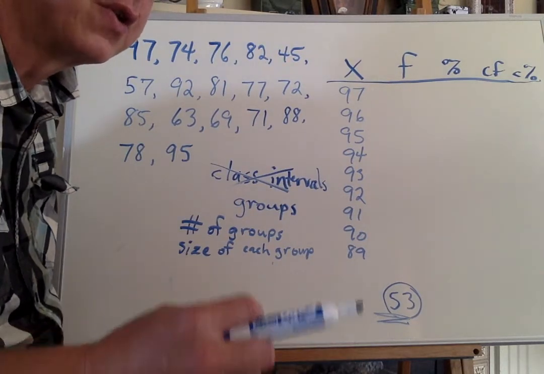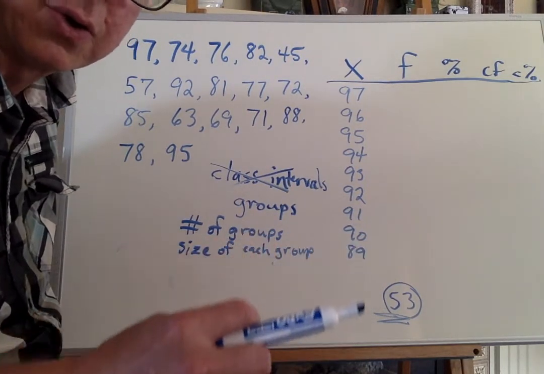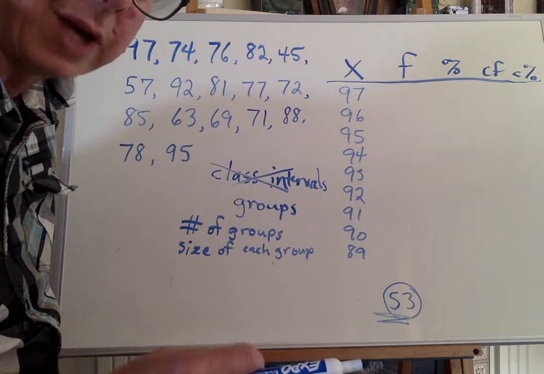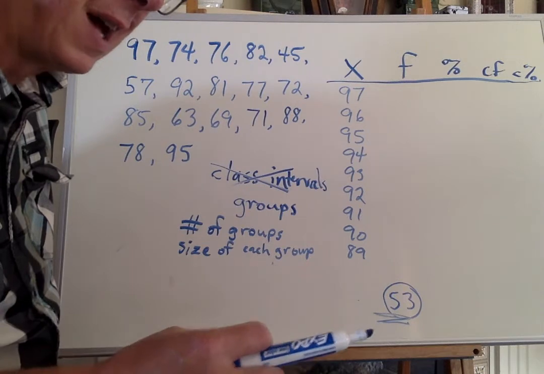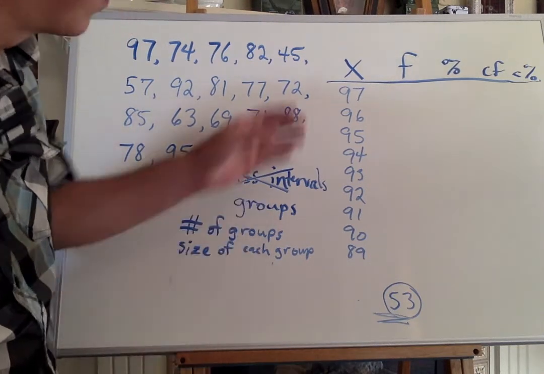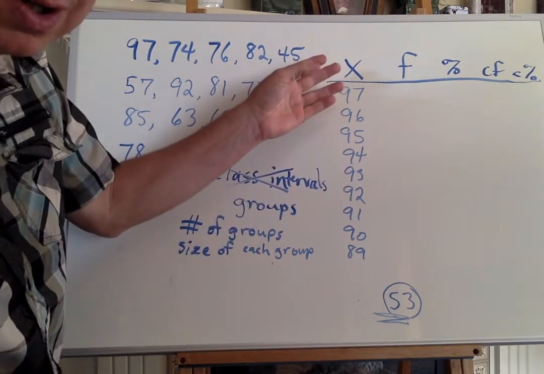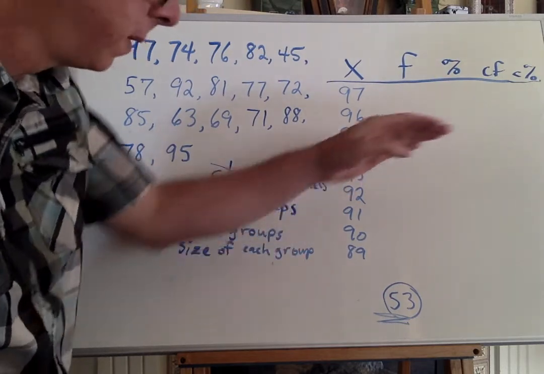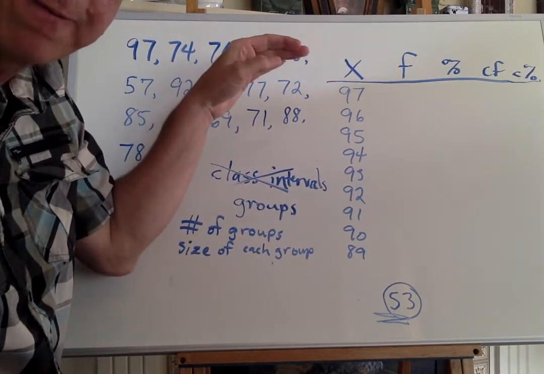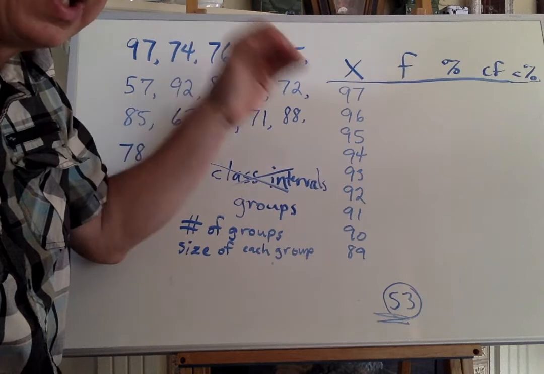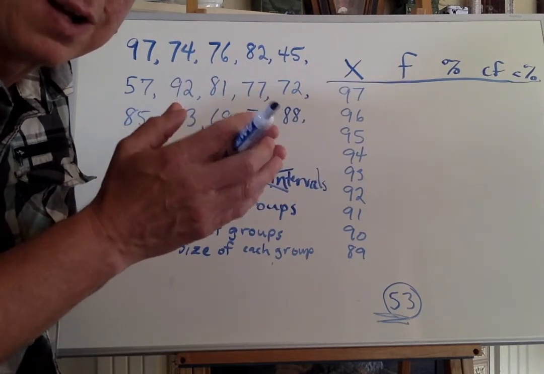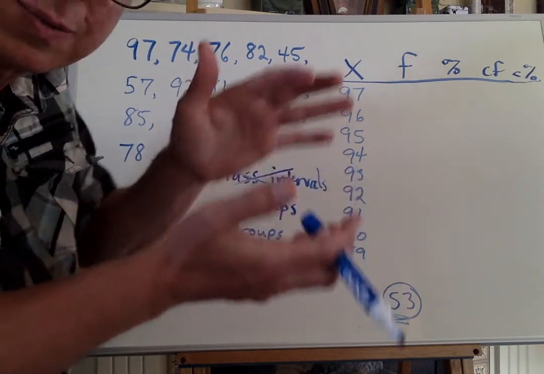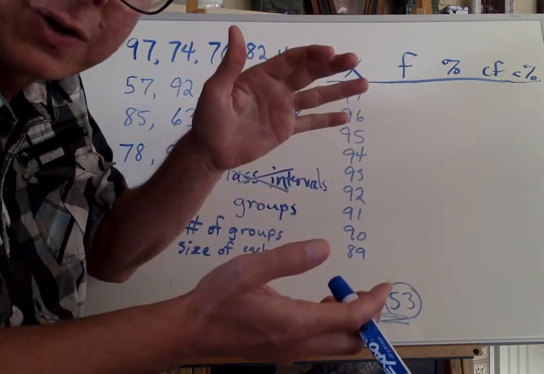There is no single correct answer, okay? But as a guideline, I have rarely seen a frequency distribution with fewer than 4 groups, okay? If you get fewer than 4, you're not going to accomplish your goal. That is, you're not going to be able to see how the scores are distributed very well.